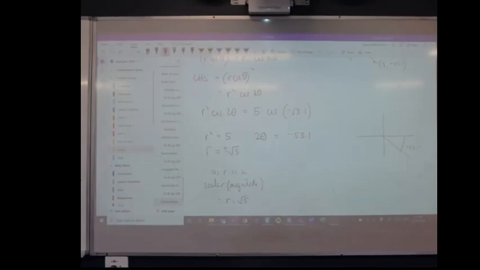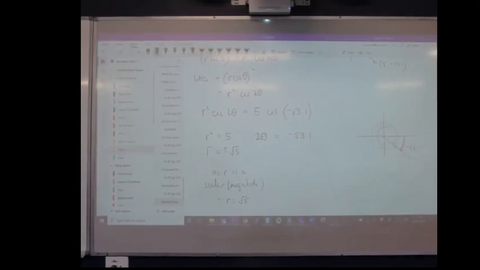So we've got that angle, and we can go there, and then we could also go to there and get the same value. And we could go like that and so on and so forth, right?